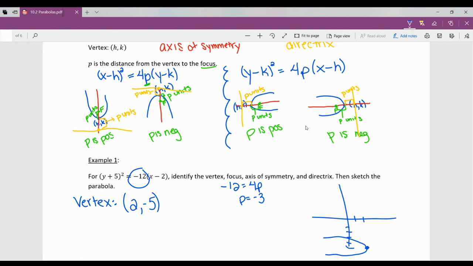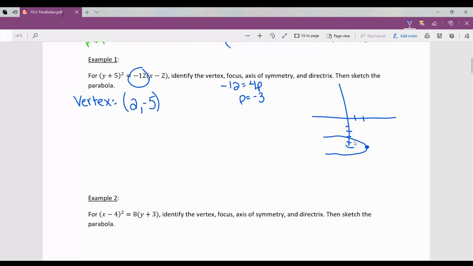If it's at 2, if I count 3 units to the left, my focus is going to be 1, 2, 3 right here, which is at (-1, -5).